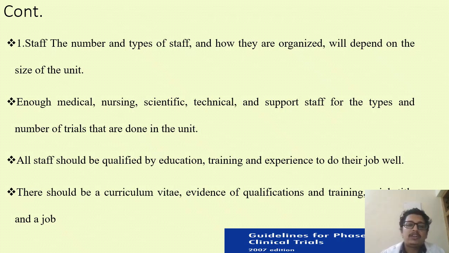There should be enough medical, nursing, scientific, technical and supporting staff for the type and number of trials that are done in that unit. All staff should be qualified by education, training and experience to do their job well. There should be a curriculum vitae, evidence of qualifications and training of all the personnel involved.